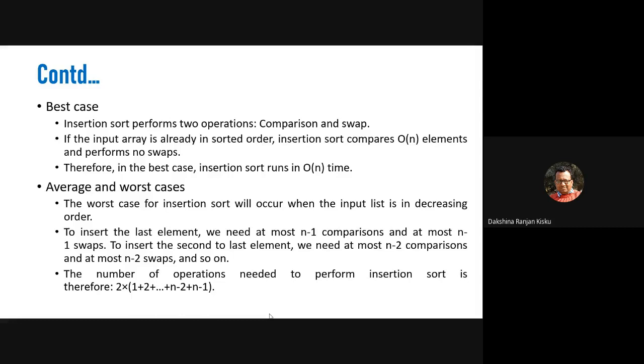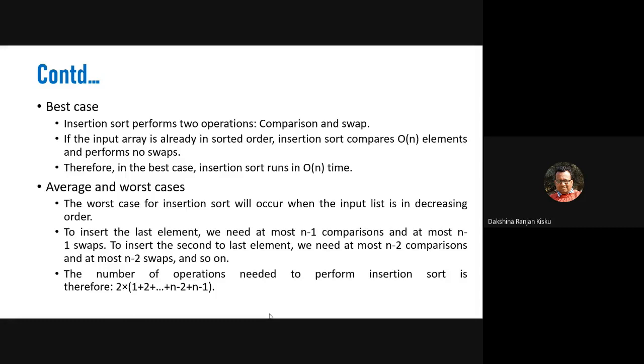This continues until we get to the last element of the array. The number of operations needed to perform the insertion sort will then be 2 times (1 plus 2 plus ... plus n minus 2 plus n minus 1).